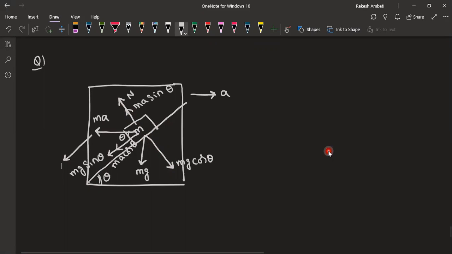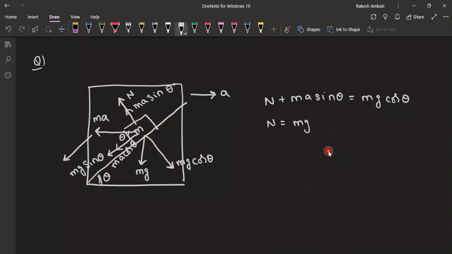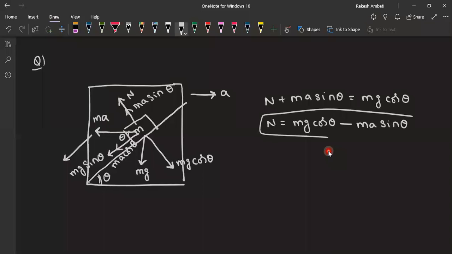Therefore, we have N plus MA sin theta is balanced by mg cos theta. From this equation, normal force N equals mg cos theta minus MA sin theta. So it is the value of normal force acting on the block.